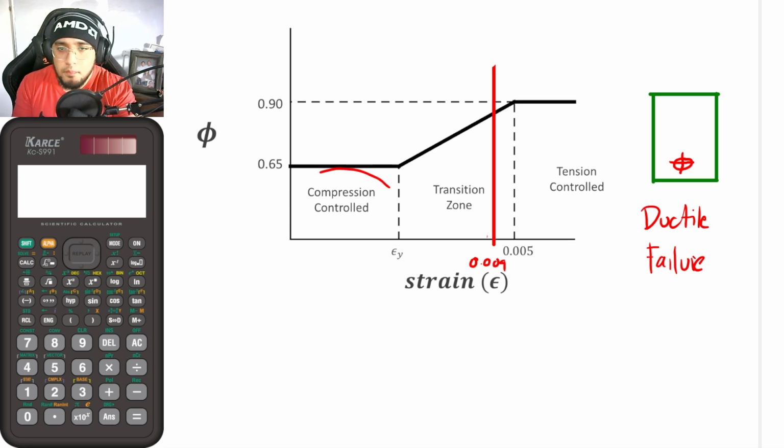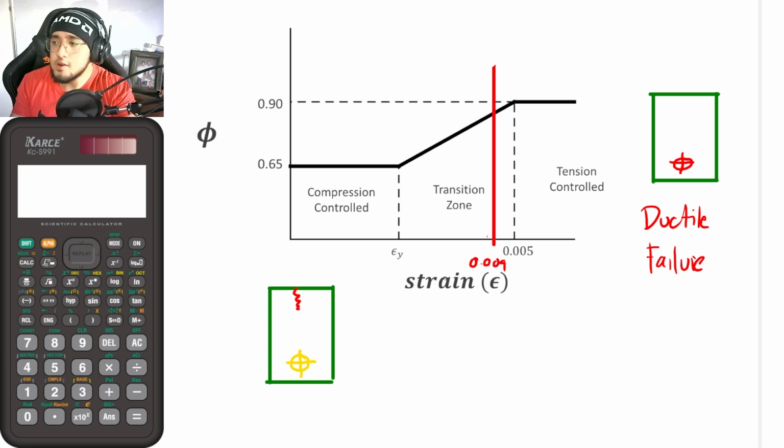Okay, so for compression controlled, suppose that we have once again a beam here. And for compression controlled, what that means is that the compression side is the one failing. So meaning, suppose that this is now our tension side. The failure will now happen here at the compression side.